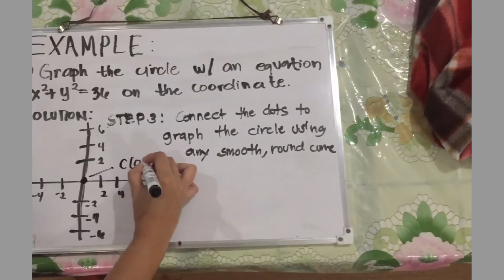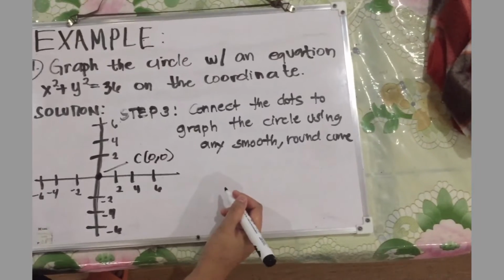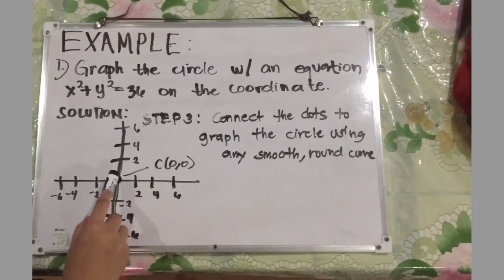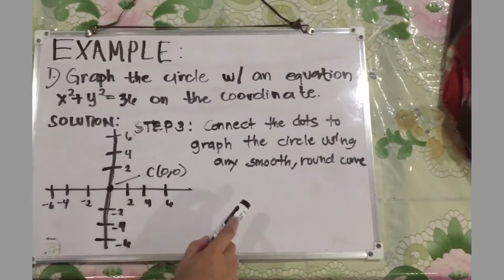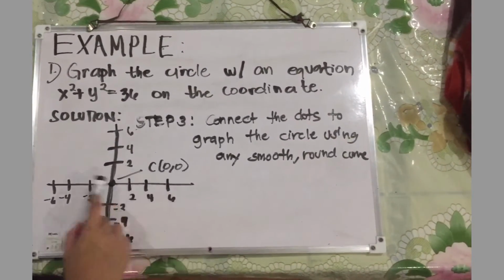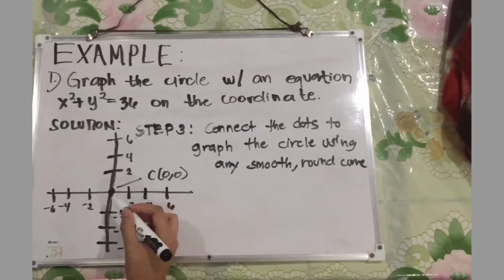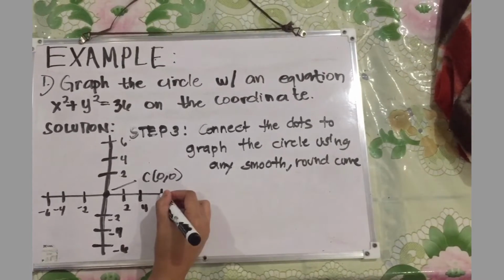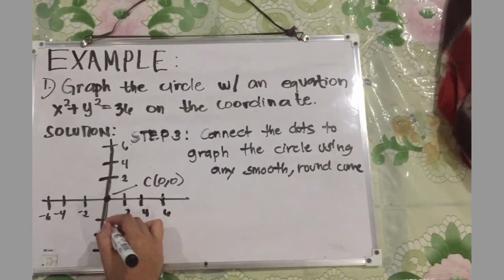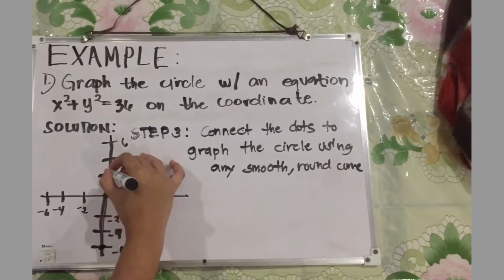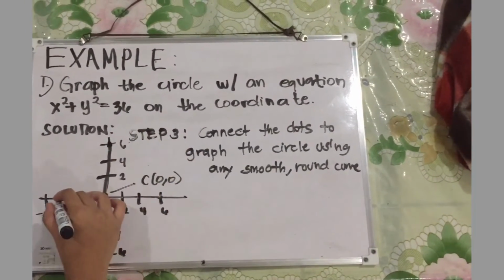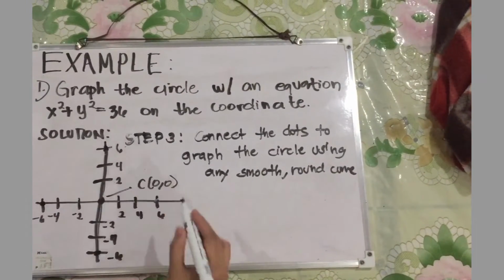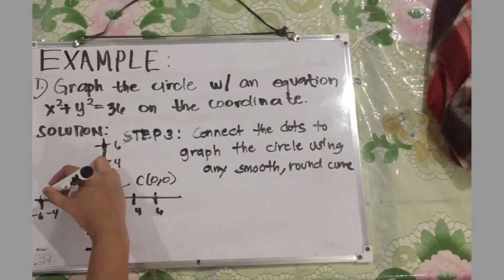So that is our center. And count 6 units from the center to the right side, to the left side, up and down. So first to the right side, 2, 4, 6. That is the radius. So we can now form the circle.